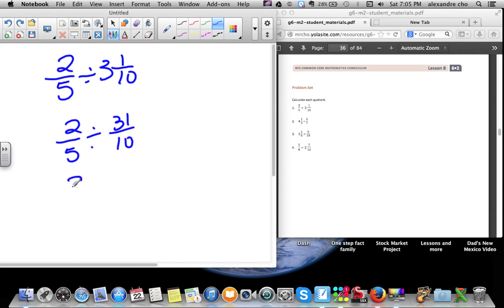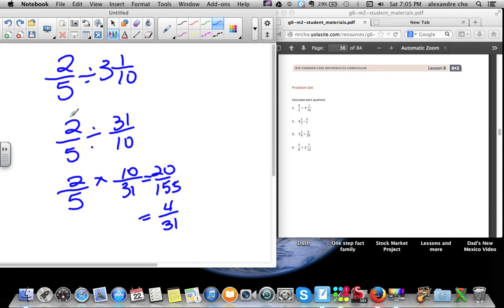You can divide by multiplying, which is this, and you switch that around. It becomes 10/31, which gives you 2 times 10 is 20, and at the bottom 155. Simplify, divide top and bottom by 5, and you get 4/31. That's one way of dividing.